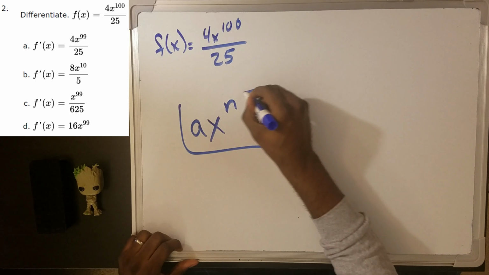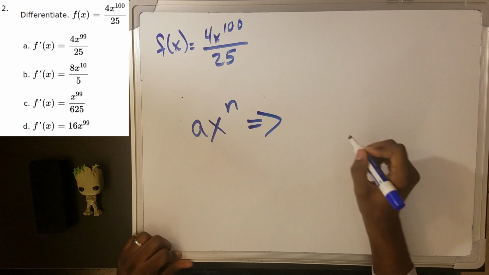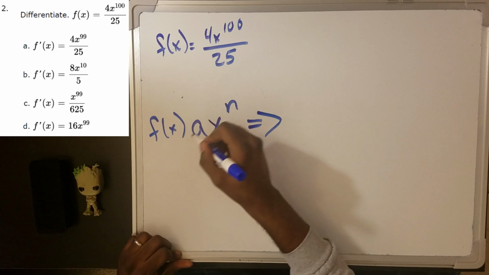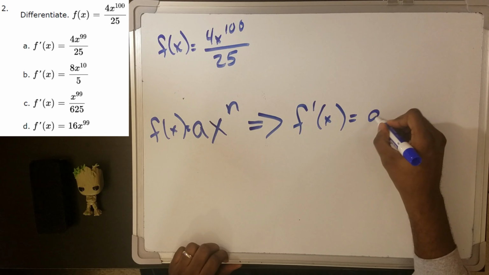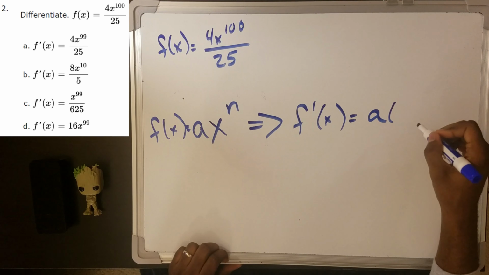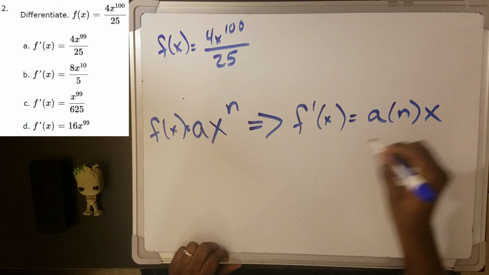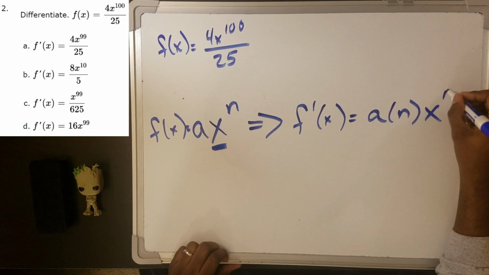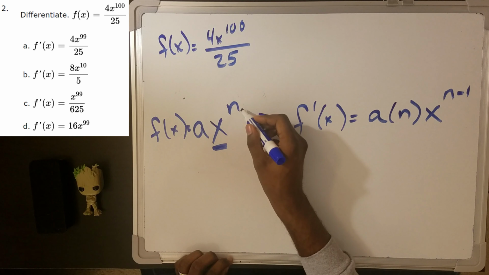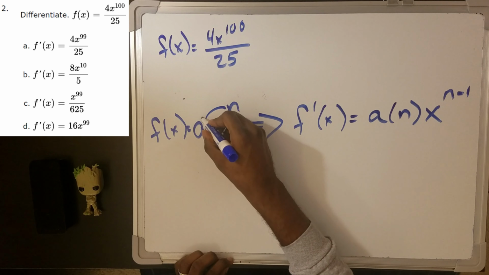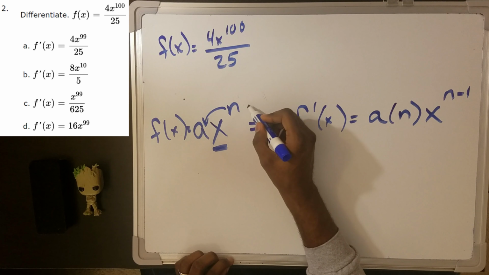If this is f(x), to find f prime of x, the power rule tells us to keep the coefficient a, multiply it by n, whatever n is, times x, keeping the same base, and subtract 1 from the exponent. You bring your n down, multiply it by whatever coefficient is already there, and then subtract 1 from the exponent.